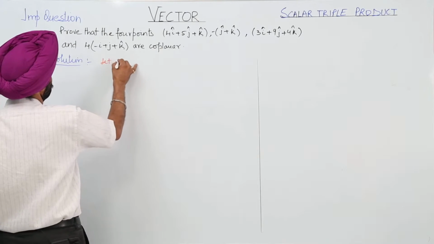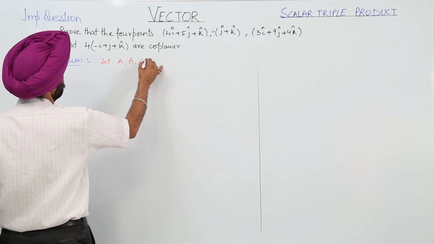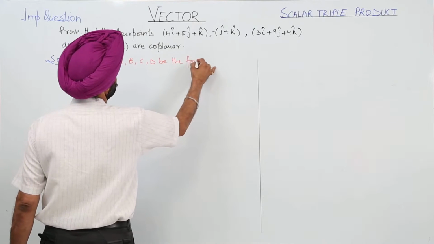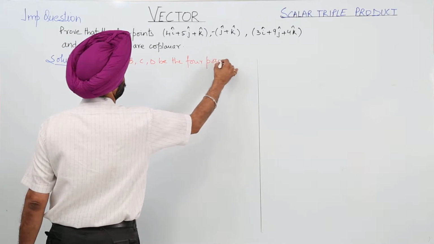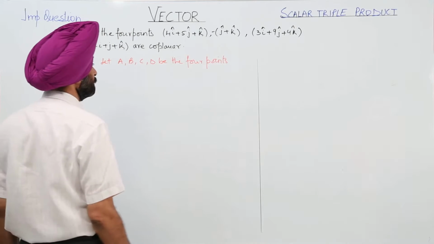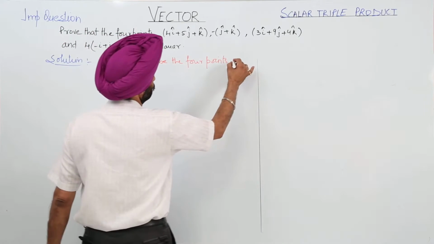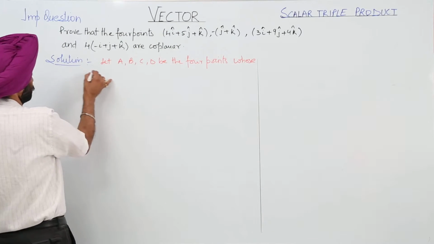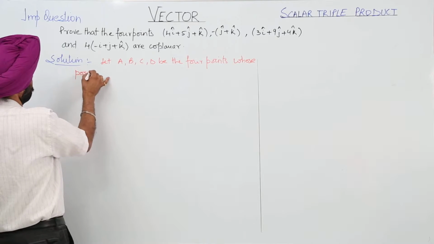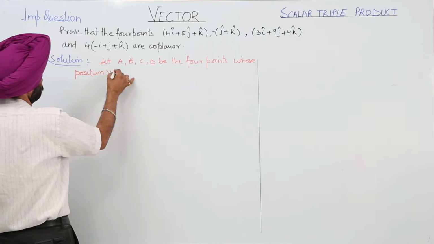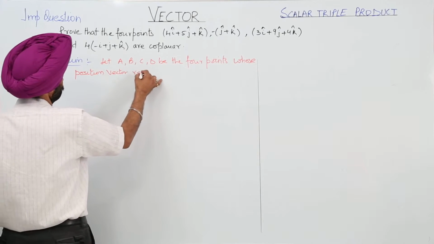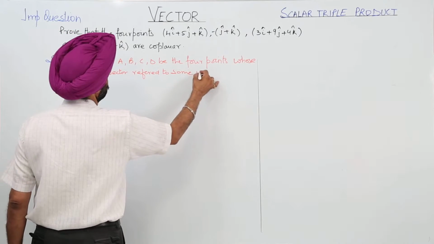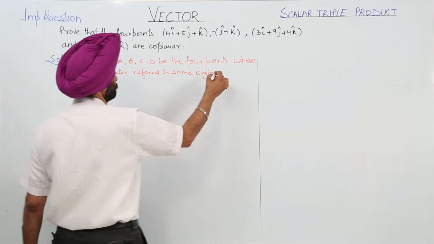Let A, B, C, D be the 4 points whose position vectors refer to some origin, say O.